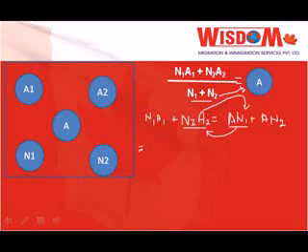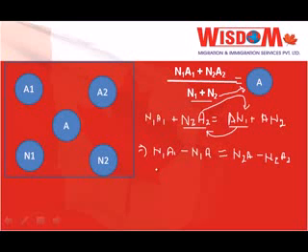This would give me N1A1 minus N1 times A, equal to N2 times A minus N2A2. Since N1 is common here and N2 is common here, I'm going to take them common.